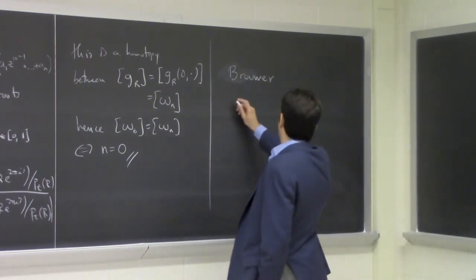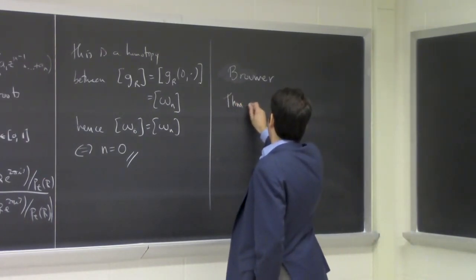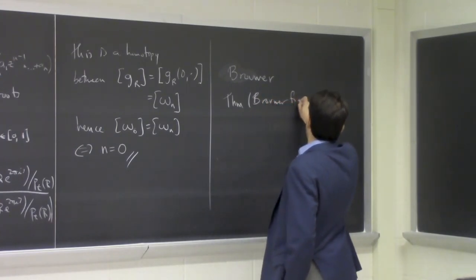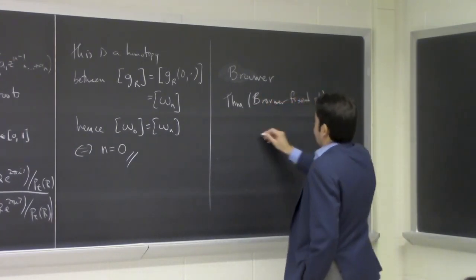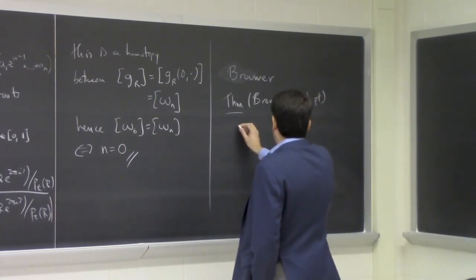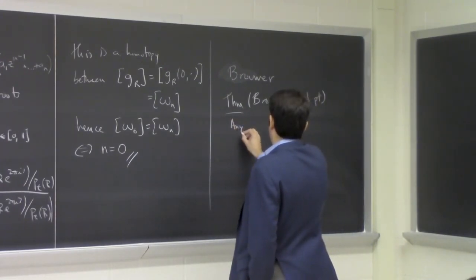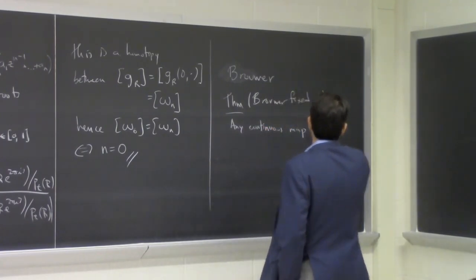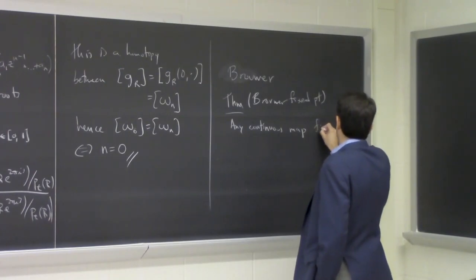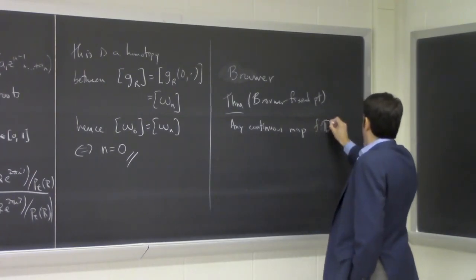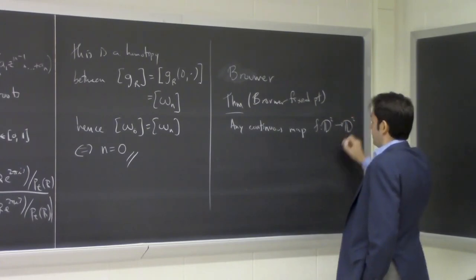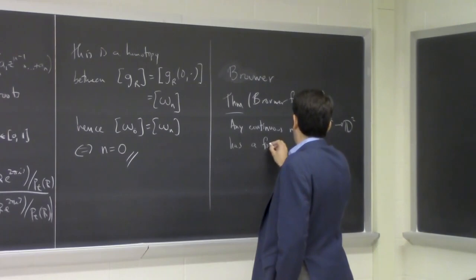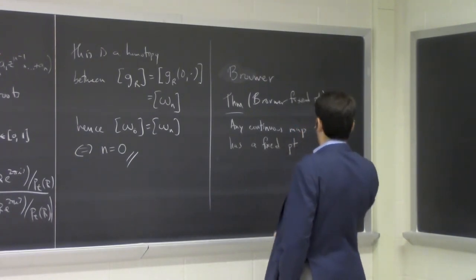OK, but here's what his theorem says. If you have any continuous map from the two-dimensional disk to the two-dimensional disk, then you have to have a fixed point. Right?